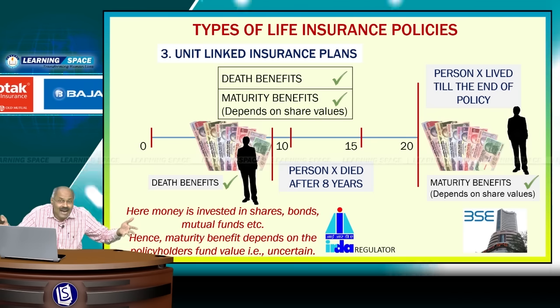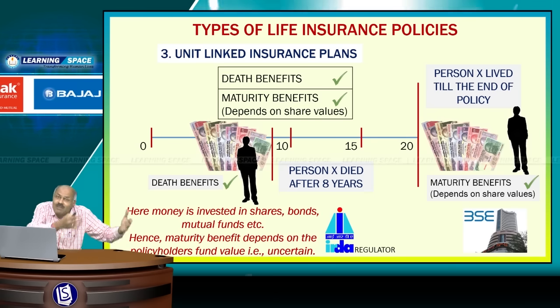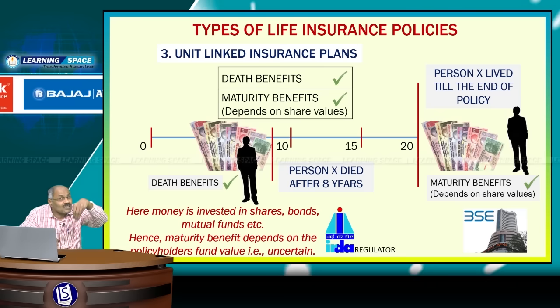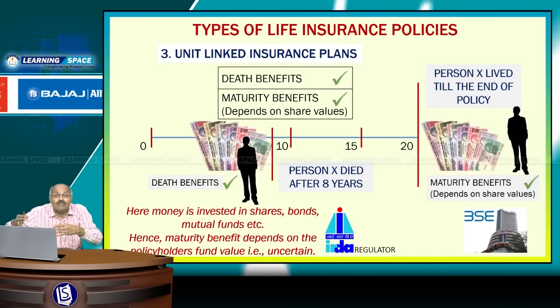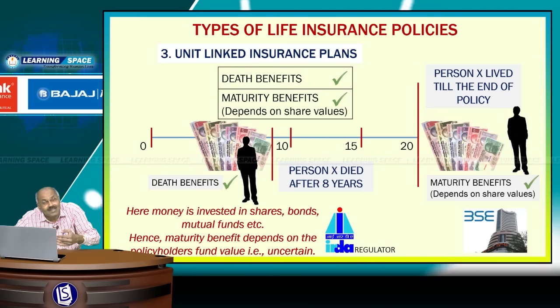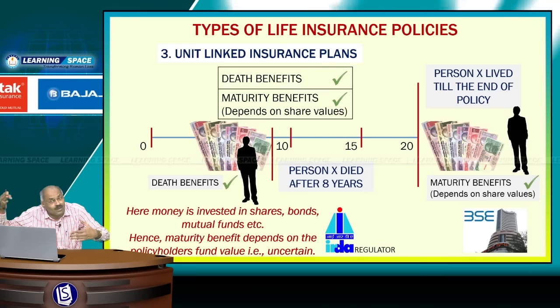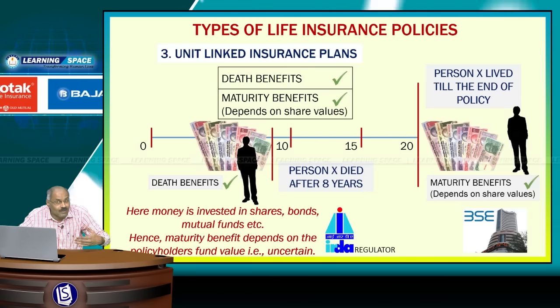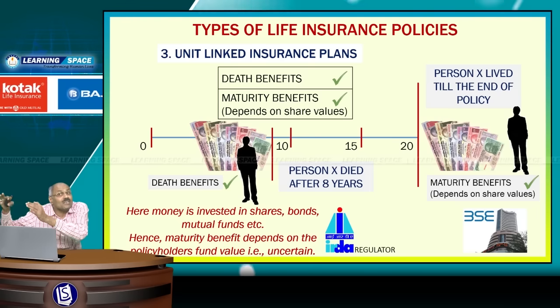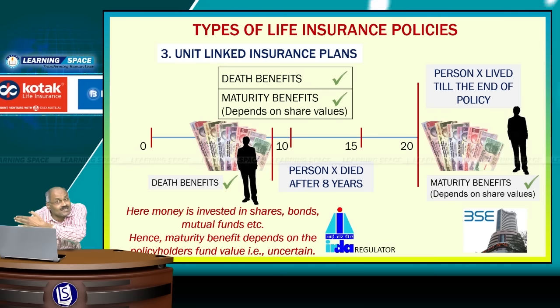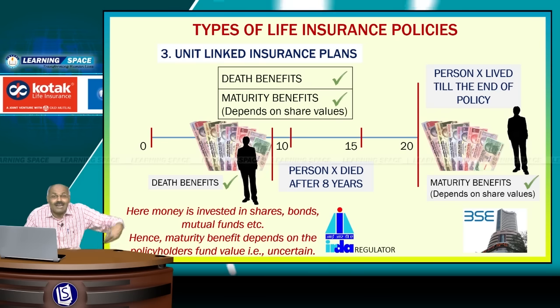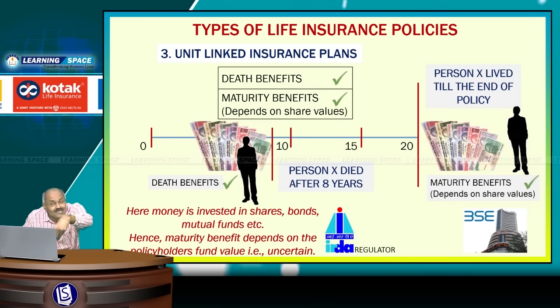If the person dies after 8 years, his family will get a death benefit of this 5 lakhs. But what will happen if the person lives beyond the policy period? The person will get a maturity benefit, but his maturity benefit will depend on the returns on investments.